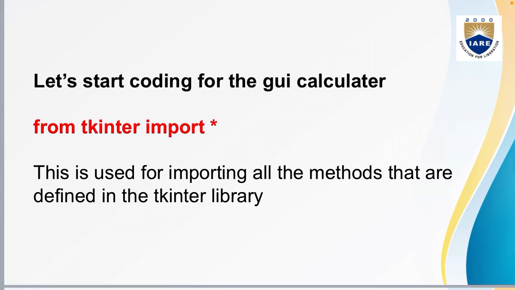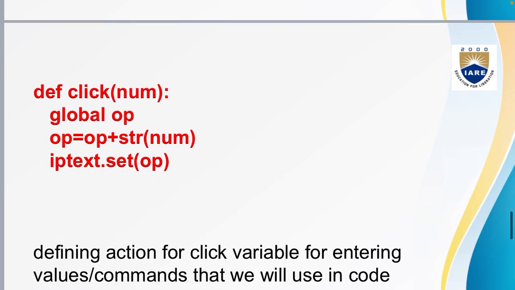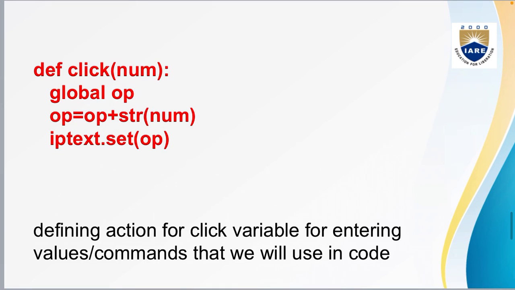The first line we should start with is importing the module, that is from tkinter import star, and this will import all the methods and all the classes that are there in Tkinter. Next, we define a function, the click function.